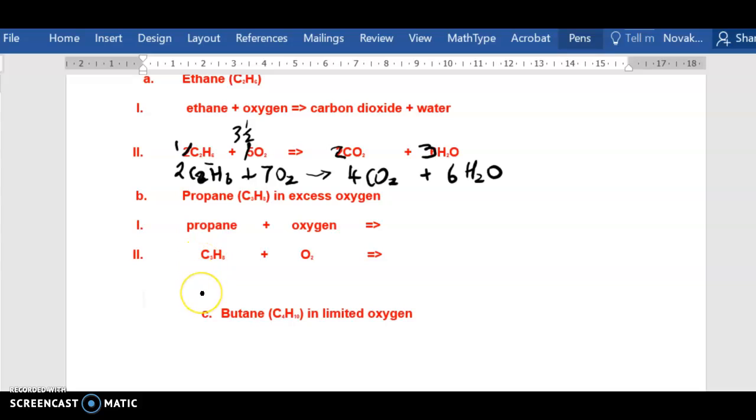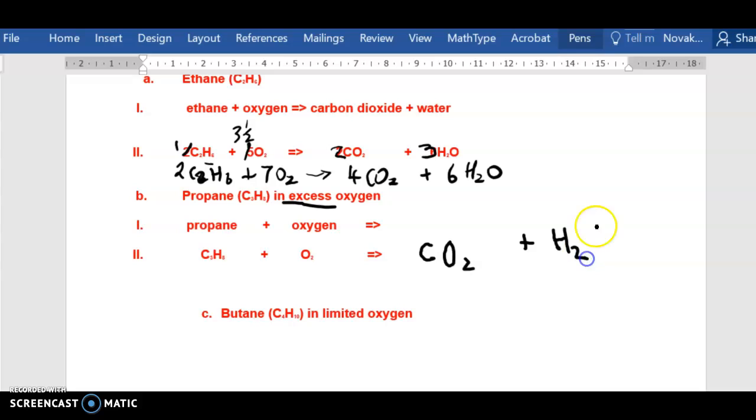So let's have a look at this one. Remember, we always start with one of each. So pretend there's one in front of there. Remember, we know that it's in excess oxygen, so carbon dioxide and water. So we're ready to work on this.